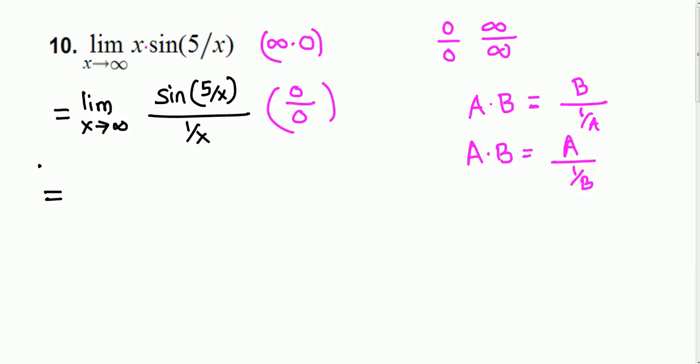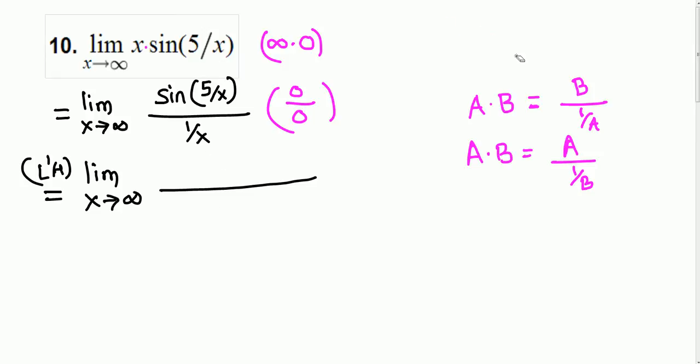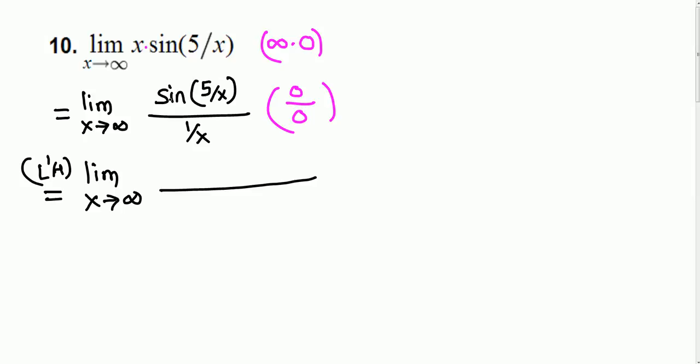Now using L'Hopital's rule, this limit is equal to the following limit, where we find the derivative of the top on the top and the derivative of the bottom on the bottom. Let's find the derivative of the top, which is not easy. Sine 5 over x is sine of some inner function, say u.